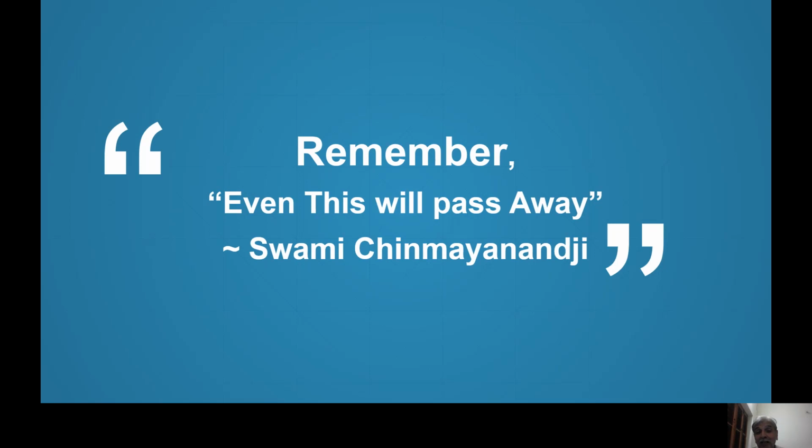Nothing is permanent. Anicca, anicca, anicca, Bhagwan Buddha used to tell. Anicca means anitya. Nothing is permanent; only one thing is permanent that Bhagwan Buddha taught. Anyway, I am not here to talk about Bhagwan Buddha's teaching.